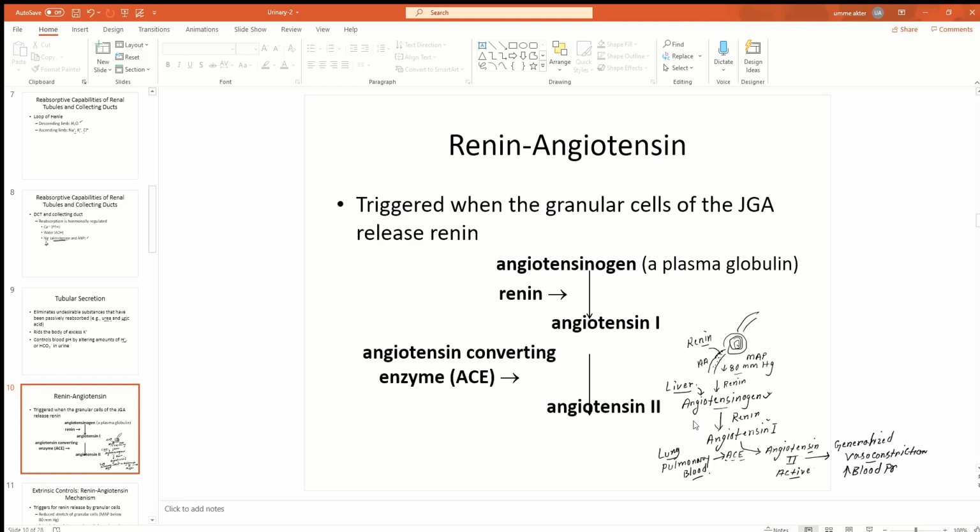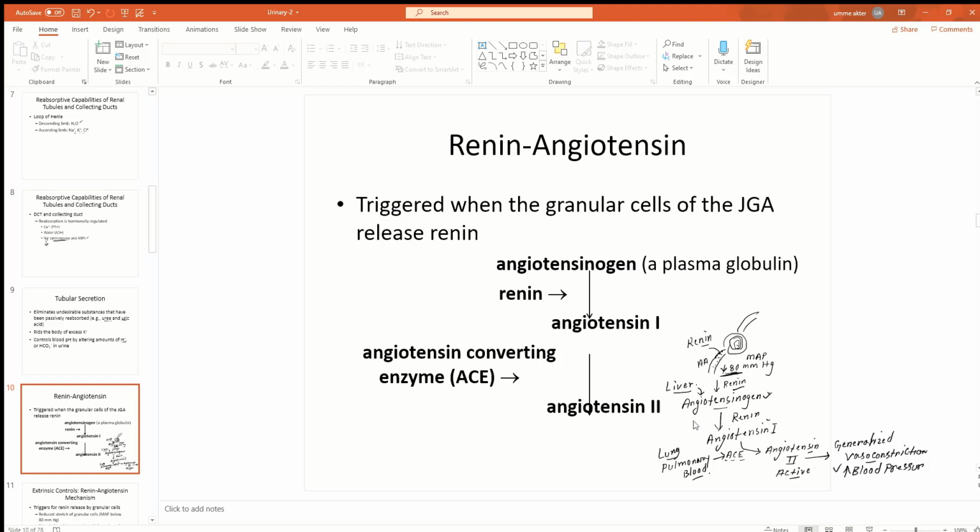So that is the main way how the renin will increase the blood pressure, will bring the blood pressure back to normal because it was released when the blood pressure dropped, right? So it helps to bring the blood pressure back to normal, moves the blood pressure up. How? Mainly by vasoconstriction throughout the body, generalized vasoconstriction.